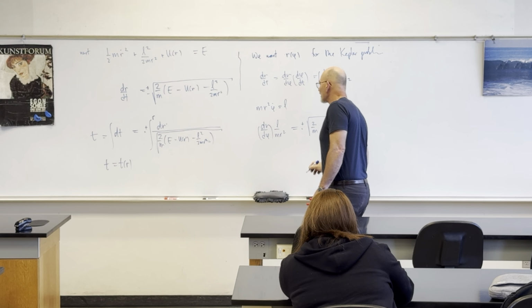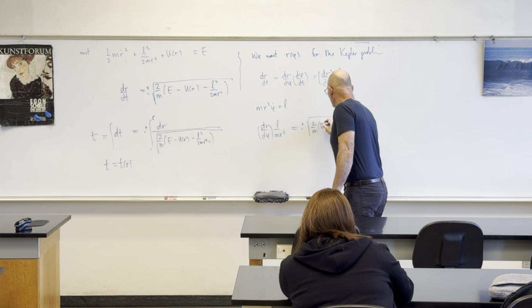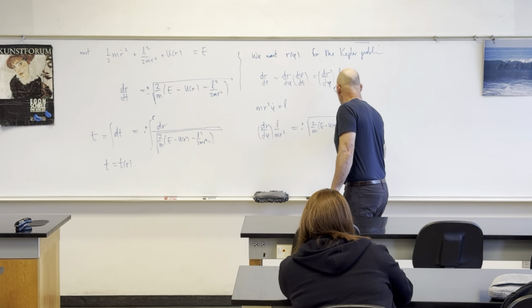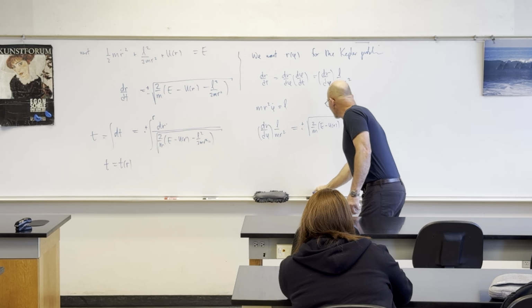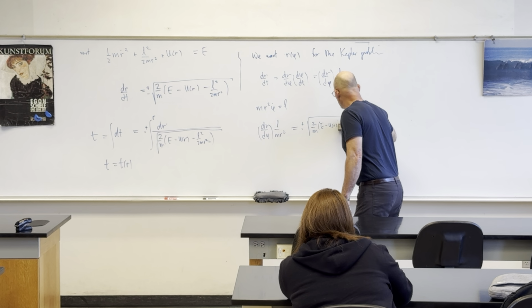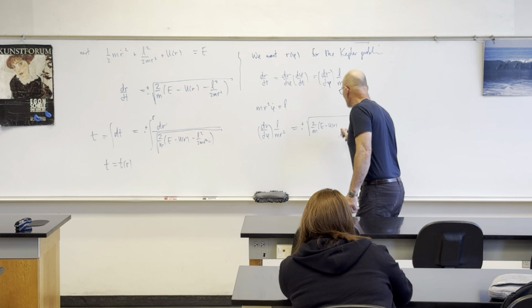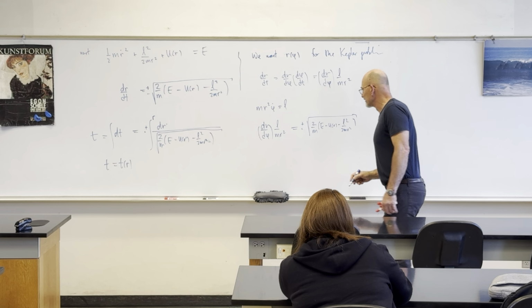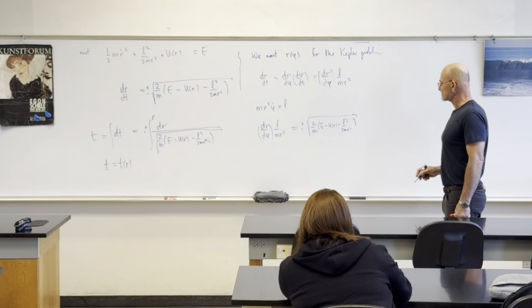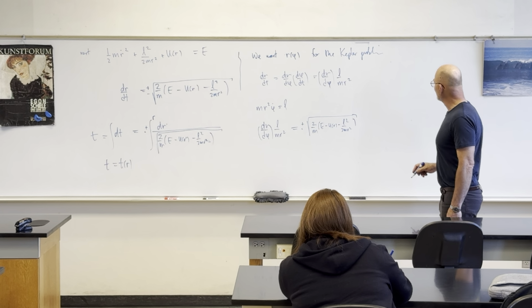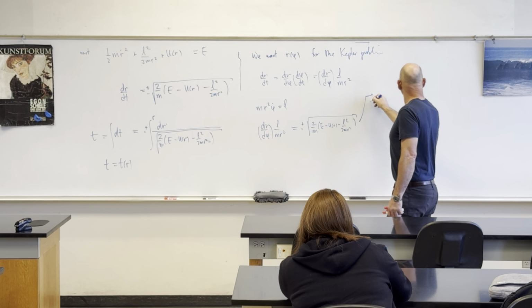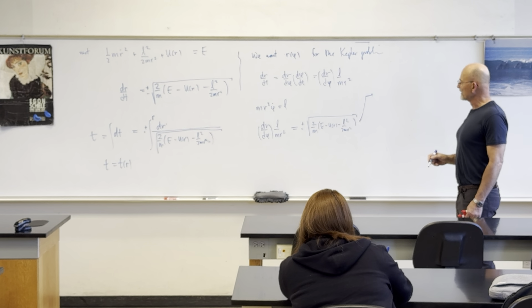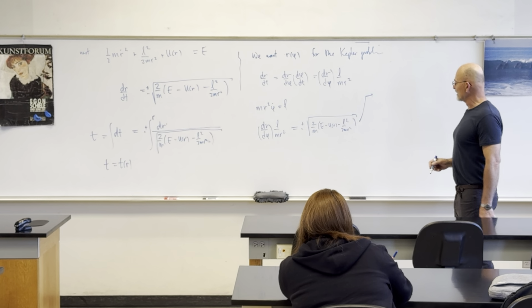And then we'll just rearrange E minus u of r. Actually, not yet. Parentheses minus L squared over 2m r squared. There we go. So we have the r's on one side and the l's on the other. I think we have room right here. Put that in there and then have a little study of it.